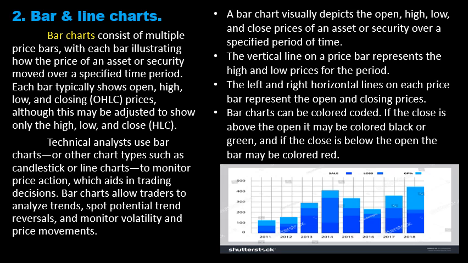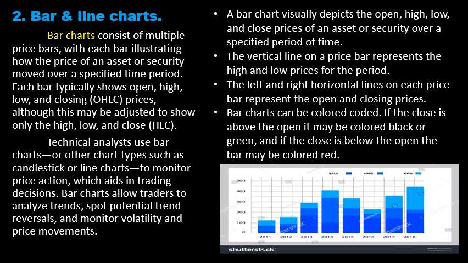A bar chart consists of multiple price bars, with each bar illustrating how the price of an asset or security moved over a specified time period. Each bar typically shows the open, high, low and closing (OHLC) prices of a security, although this may be adjusted to show only the high, low or close prices.